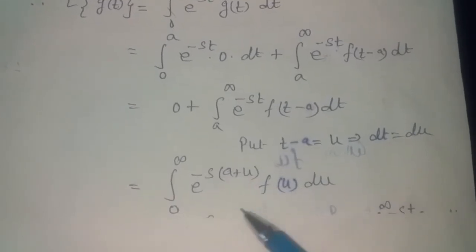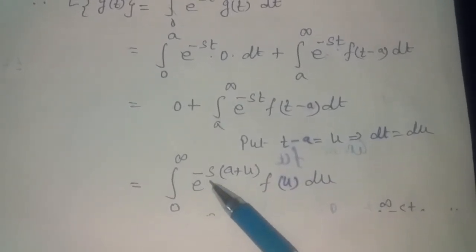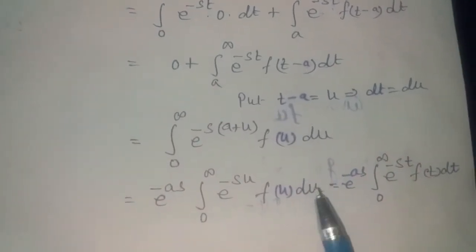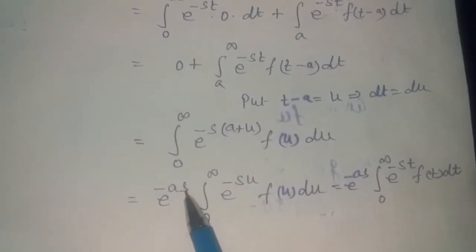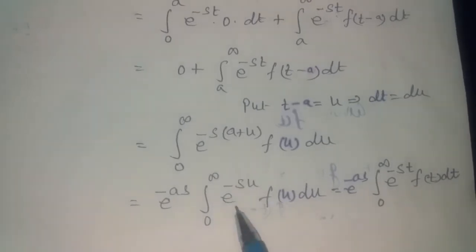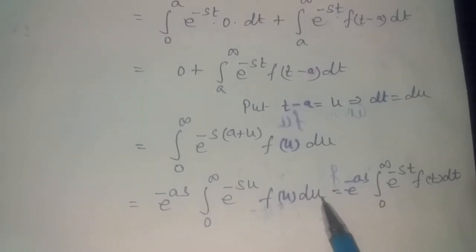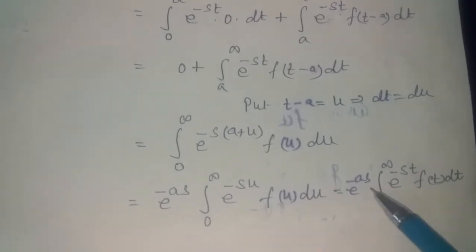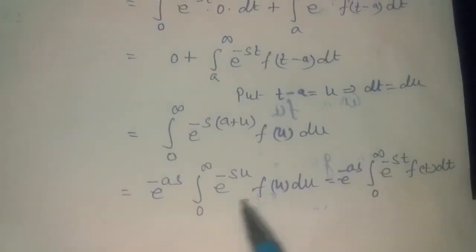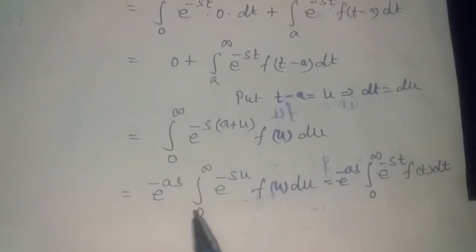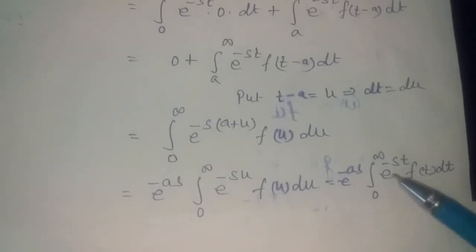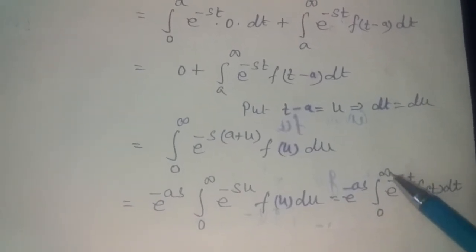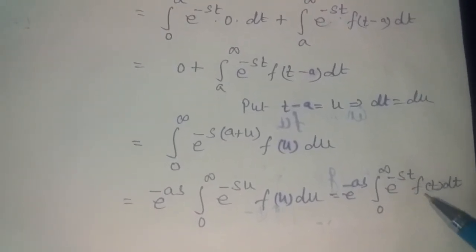Now here the variable of integration is u, so s is constant, so we write it outside the sign of integral, and we get e raised to minus as times the integral from 0 to infinity of e raised to minus su f(u) du, which can be written as, using the property of definite integral, that we can change the variable of integral without changing its limits. So we can write e raised to minus as times the integral from 0 to infinity of e raised to minus st f(t) dt.